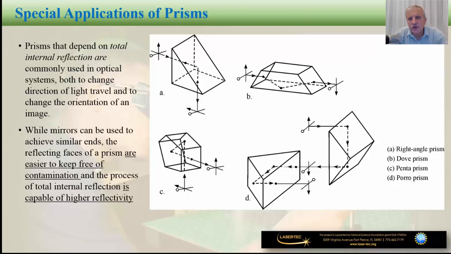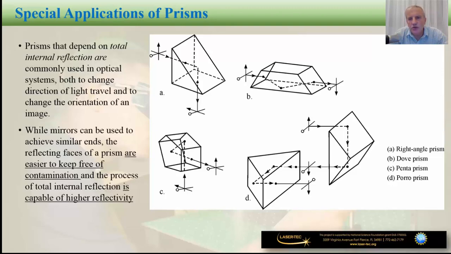You can see here a few different types of prisms. On the bottom left hand corner of the picture we have a right angle prism, and then we have a few other special types of prisms such as the dove prism, pentaprism, and finally the porro prism. All these different types of prisms are used in specific optical systems to manipulate the light and to serve a specific purpose.